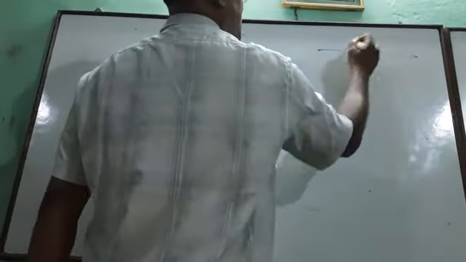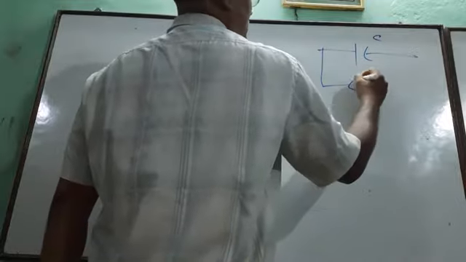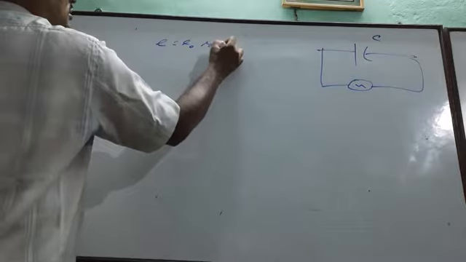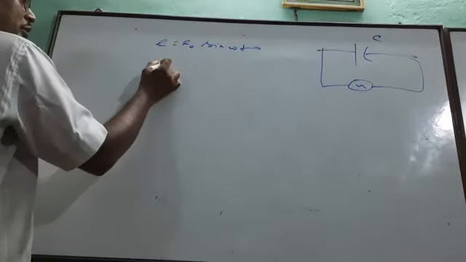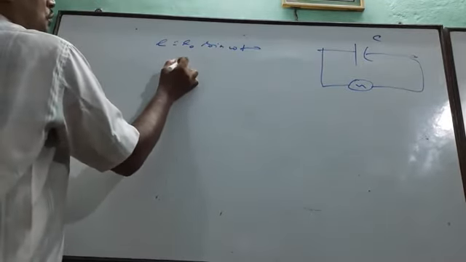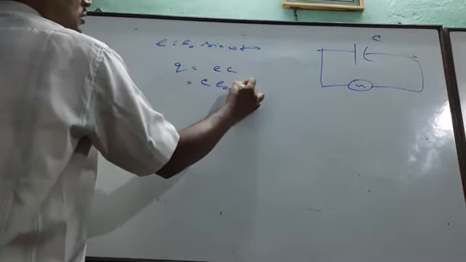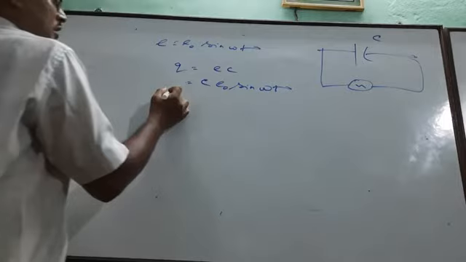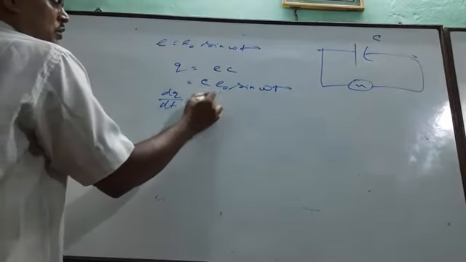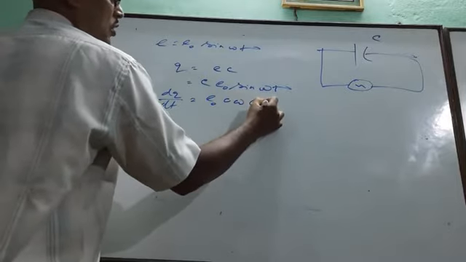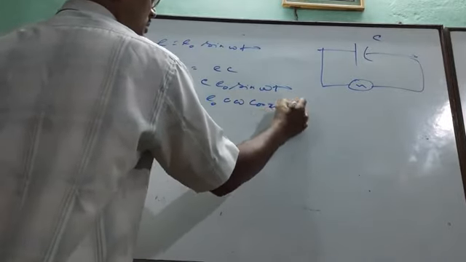A capacitor C is considered, and here the AC is supplied, so the supplied EMF is E equal to E0 sin omega t. We know that Q equals C into E, that is C E0 sin omega t. So dq by dt equals C omega E0 cos omega t.